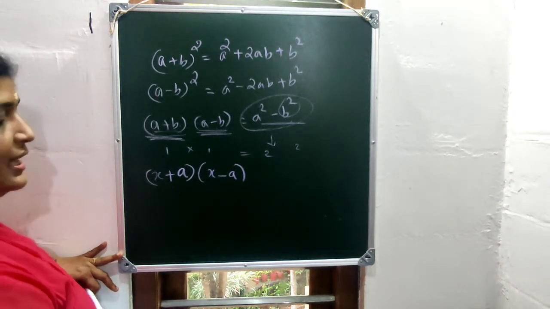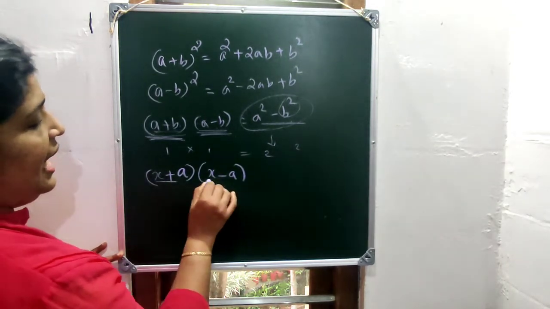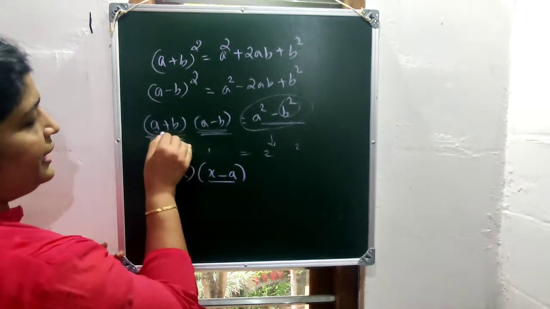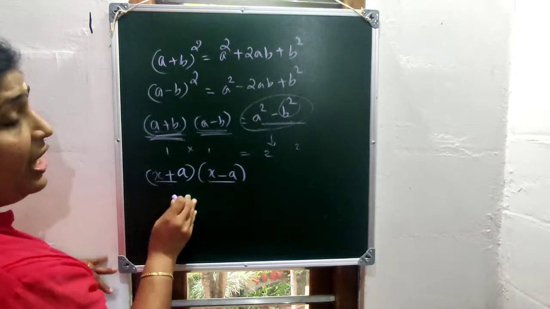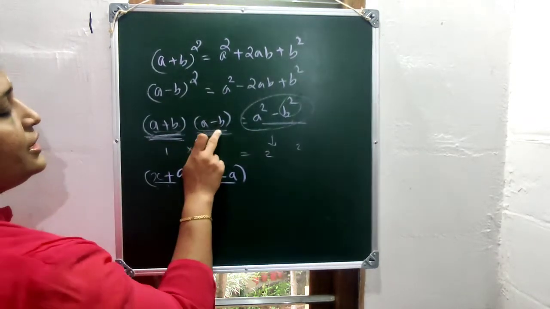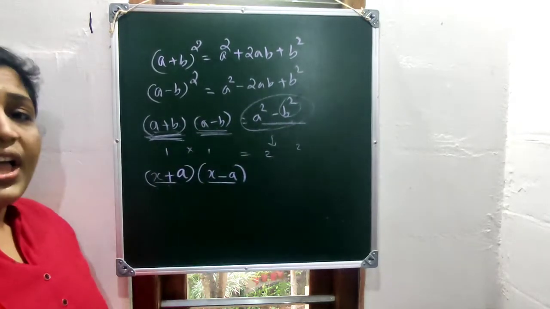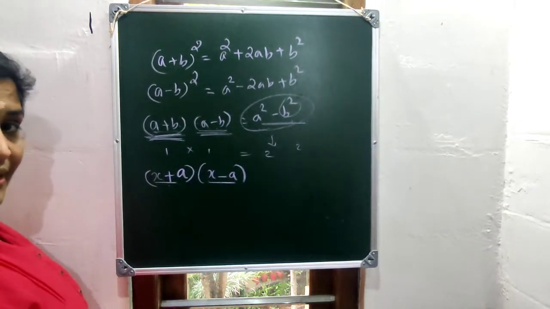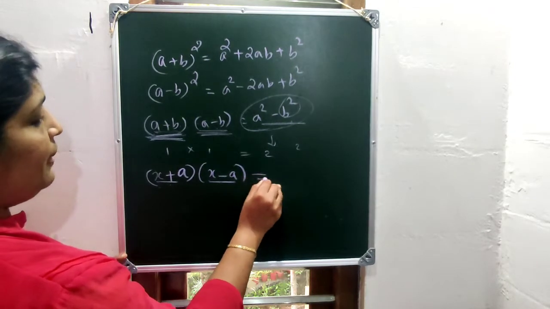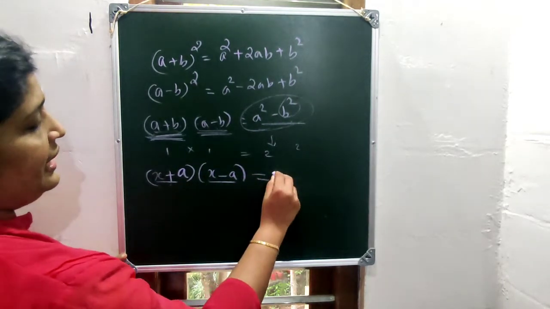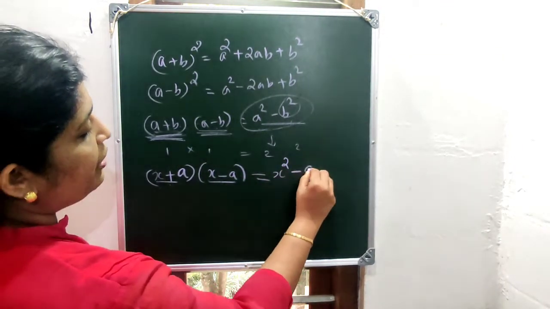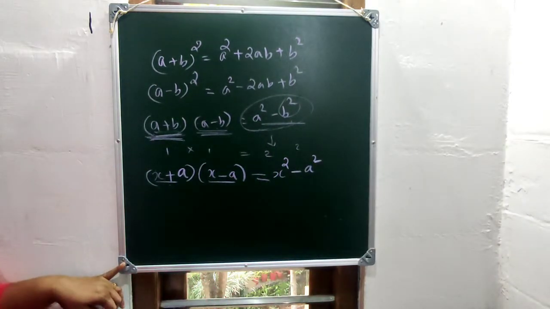What is this? Yes, x plus a and x minus a. If we multiply, instead of a plus b, here we have x plus a, and instead of a minus b, here we have x minus a. Okay, so if we multiply x minus a and x plus a, we get x square minus a square.